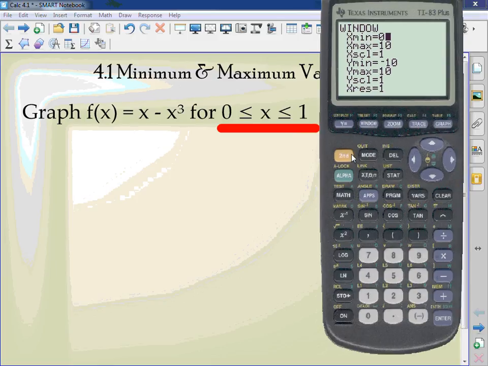I need my x maximum to be, whoops, you need to change your min and your max. I graph. It didn't show me much, right? There's a reason why.